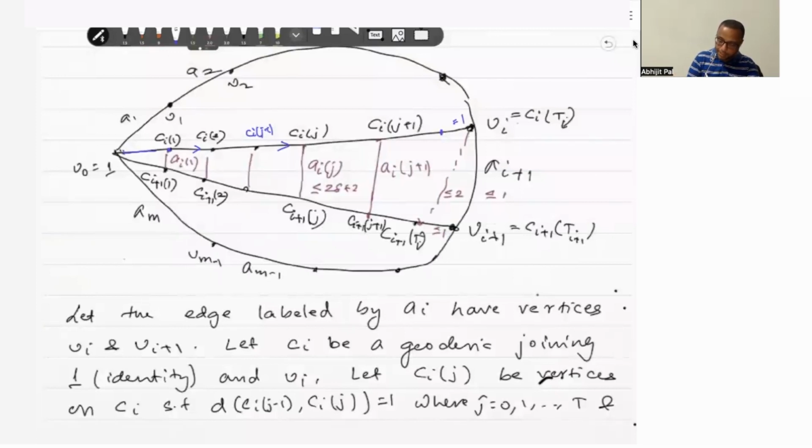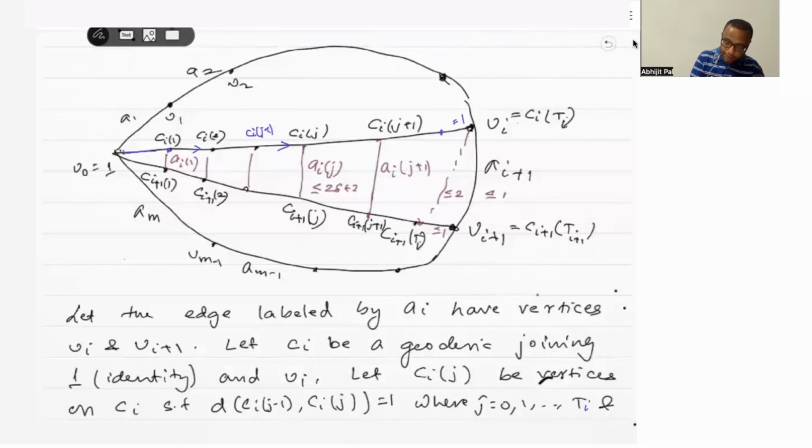So the distance between Cij minus 1 and Cij is equal to 1, where j is equal to 0, 1 up to ti here. You do this for all these i's, so we'll get this picture.